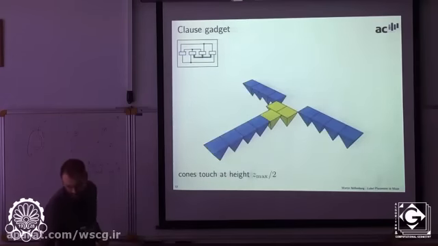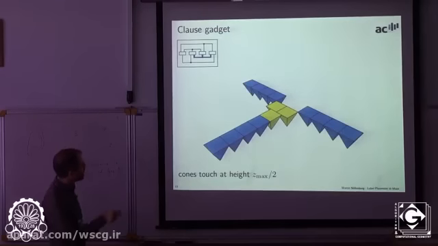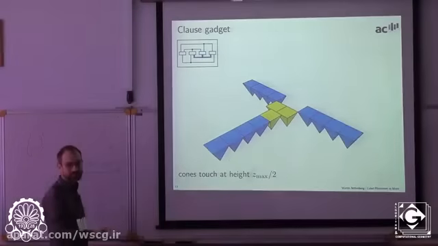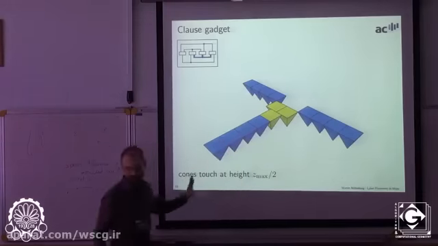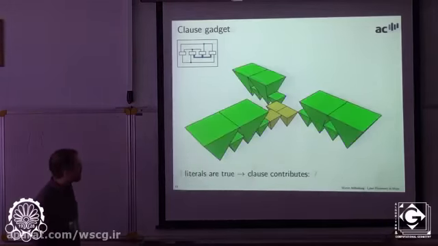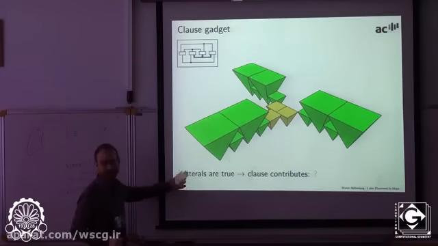So the way we can use this now is when it comes to bringing three of these truth values together, and then we should get a higher value if at least one of them is true, and a smaller value if all of them are false. Okay, so these three yellow pyramids are basically the core of the clause gadget. And first let's think of three literals coming in, all of them true.